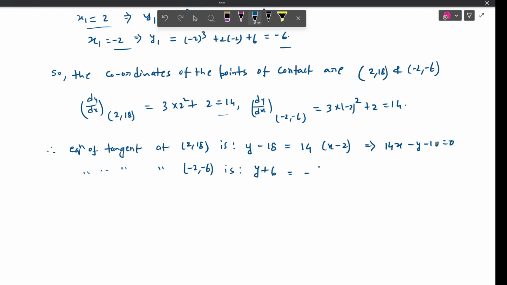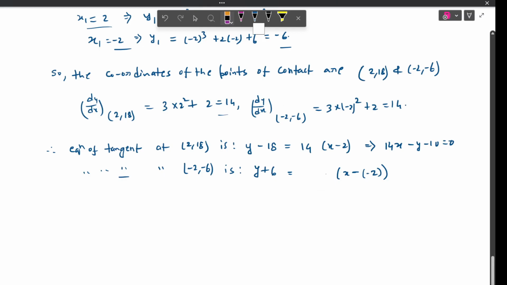So minus 1 by 14 into x minus x1, x minus of minus 2. Sorry, this is the equation of normal. We have to find the equation of tangent. So what should be the equation of tangent? y minus y1 equals to m into x minus x1. What is m? It is 14.